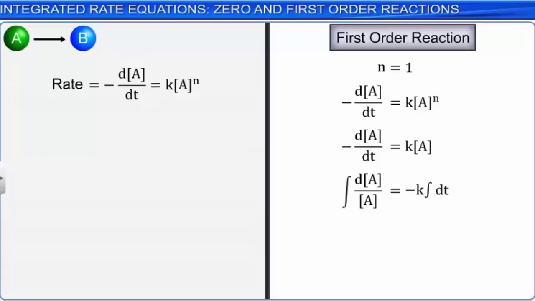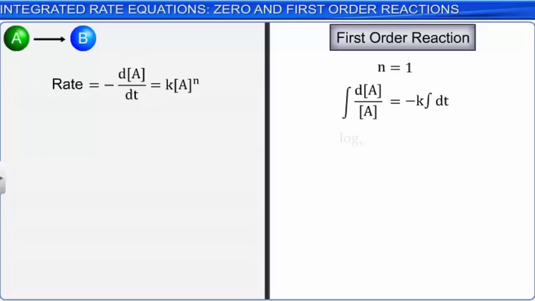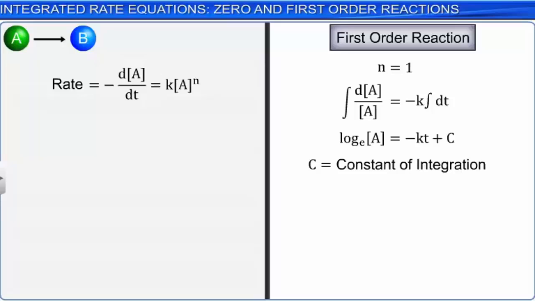Integrating both the sides, we get log concentration of A to the base e is equal to -k multiplied by t plus C, where C is the constant of integration. Let this be equation 3. Let the concentration of reactant A be A0 at time t is equal to 0.